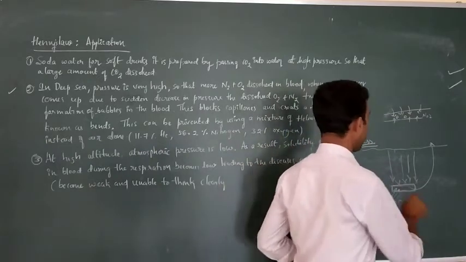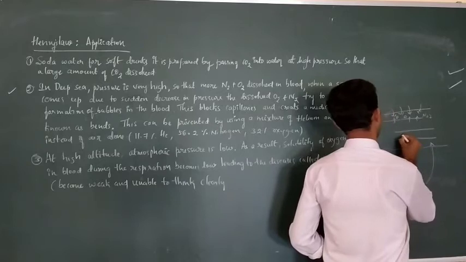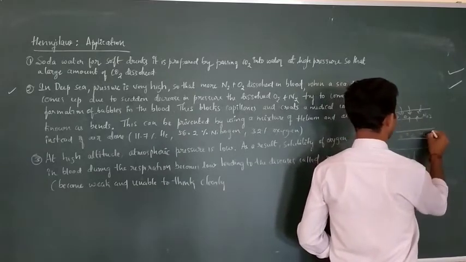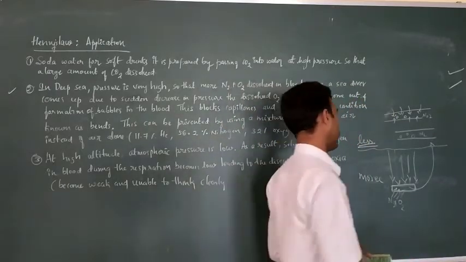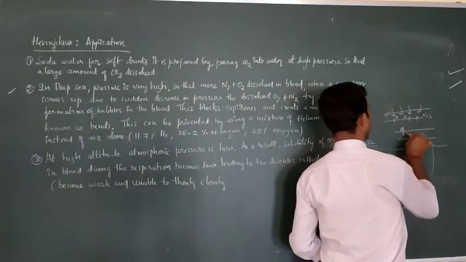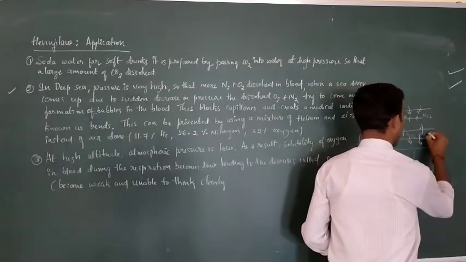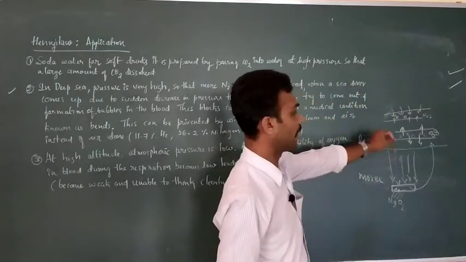So when the same person comes out of the sea, the maximum dissolved oxygen and nitrogen inside the blood immediately try to come out, and they will make bubbles inside the blood vessels.